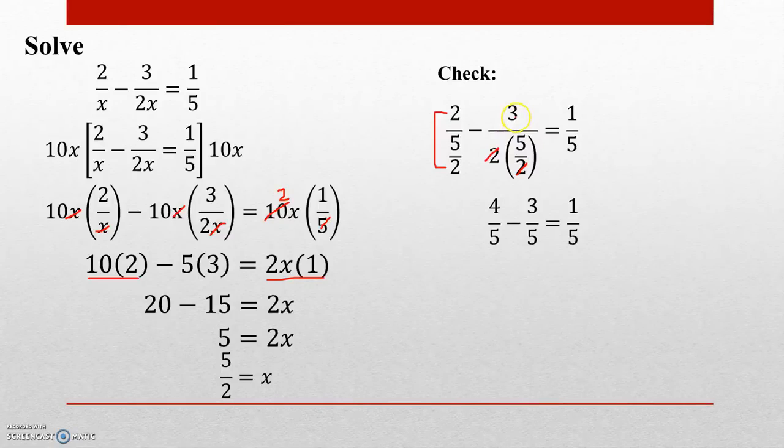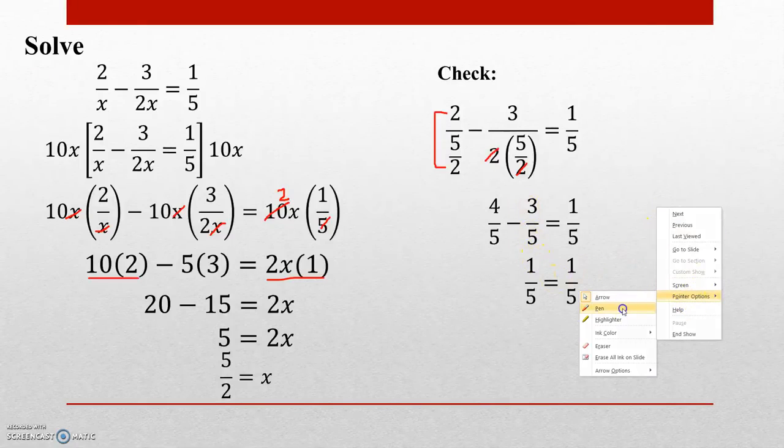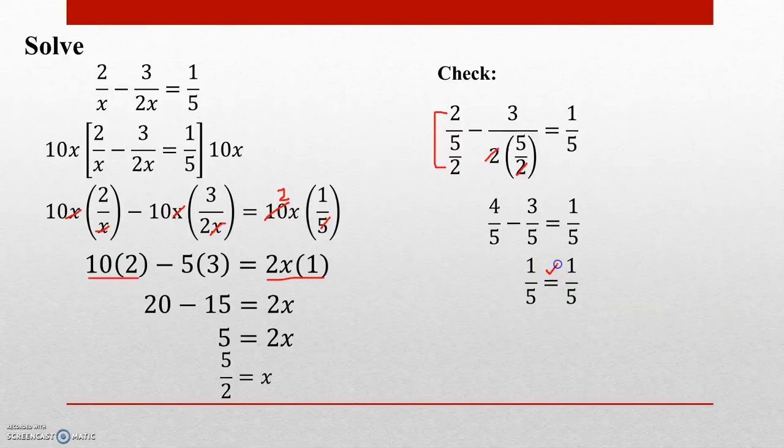And then, we copy 3 over 5 equals 1/5. Dahil sila ay parehas lang naman ng denominator, we copy the denominator. And then, 4 minus 3 equals 1. So, since sila ay parehas, tama ang ating sagot na x equals 5 over 2.